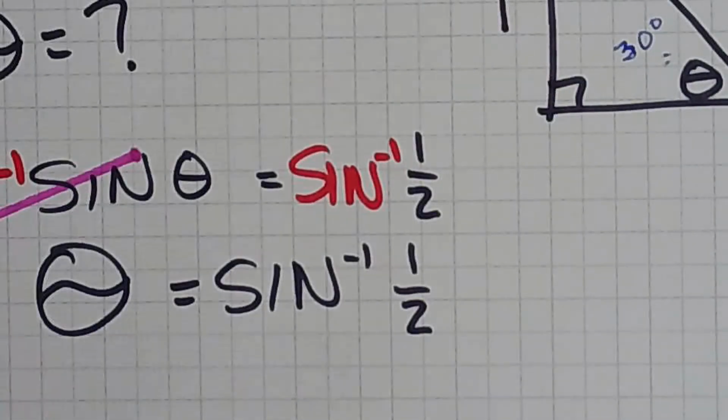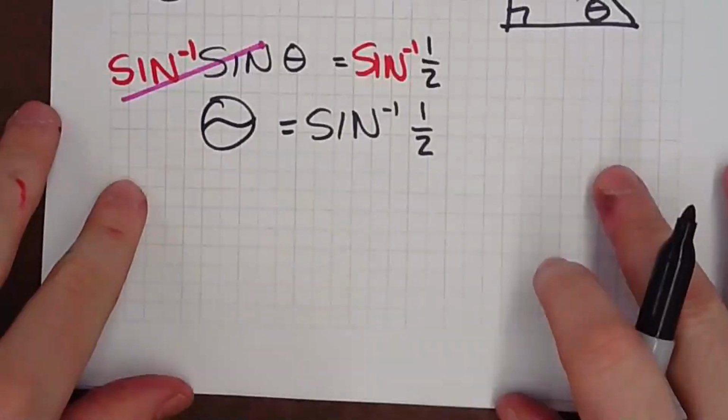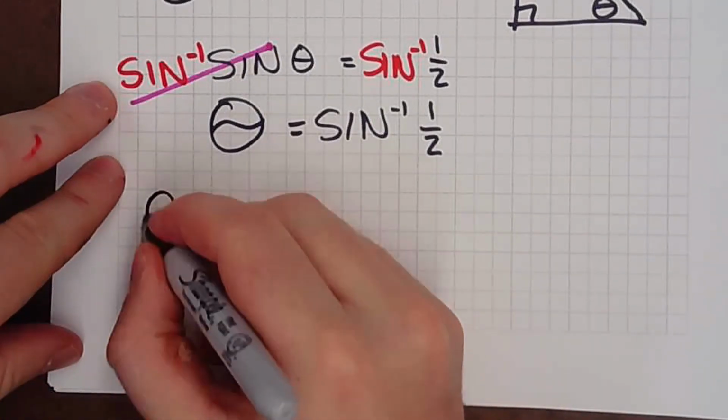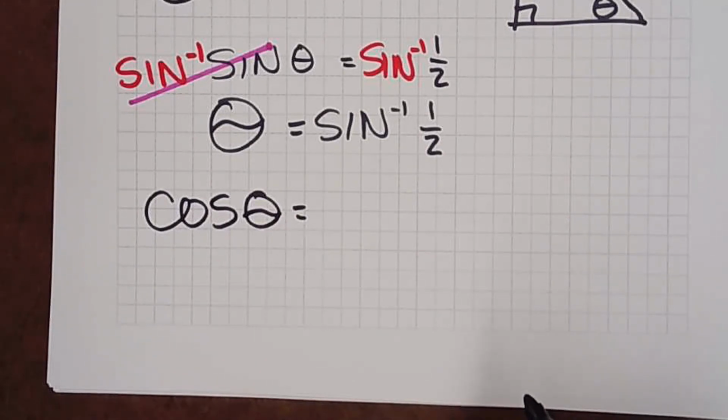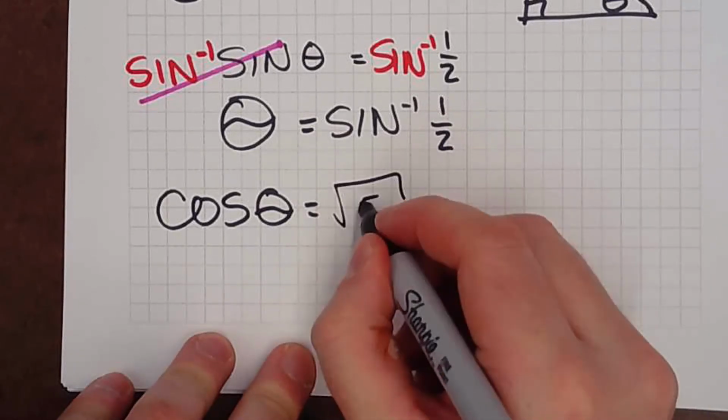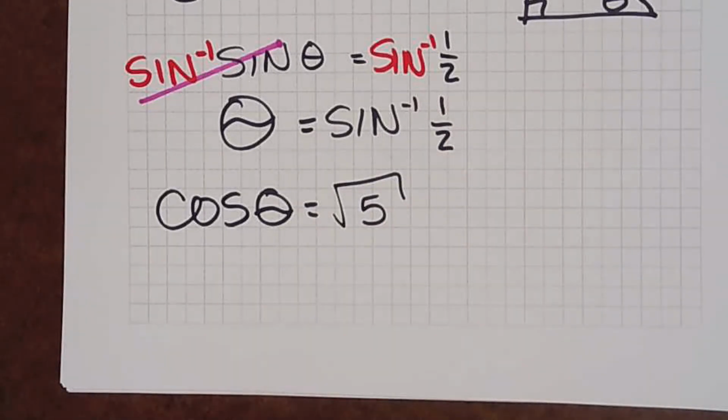So what if I gave you this? Cosine of theta equals, let's do, one squared, 4, 5, root 5, is root 5. How would I solve for theta?